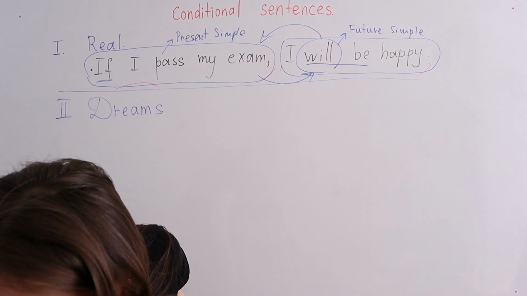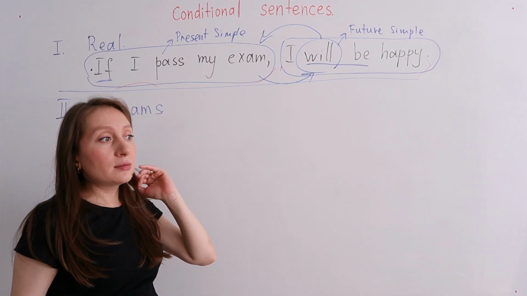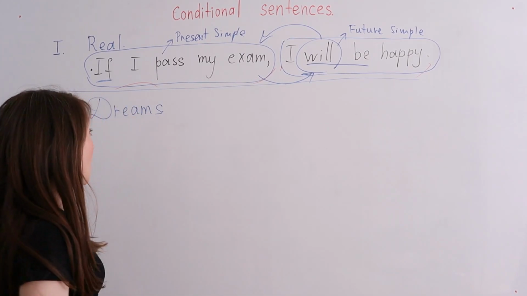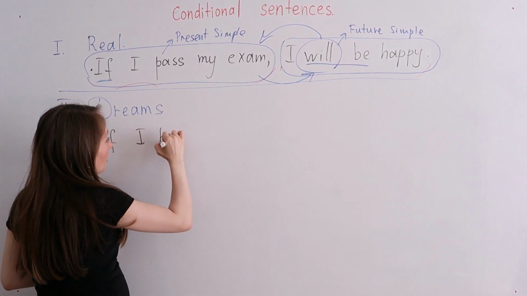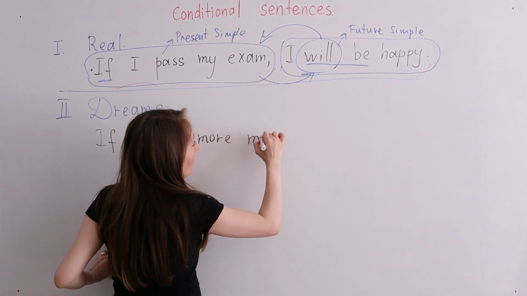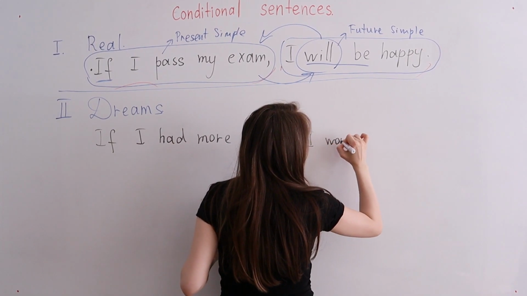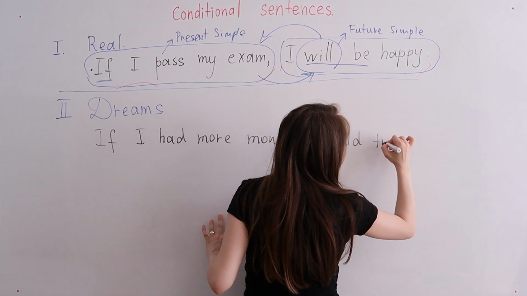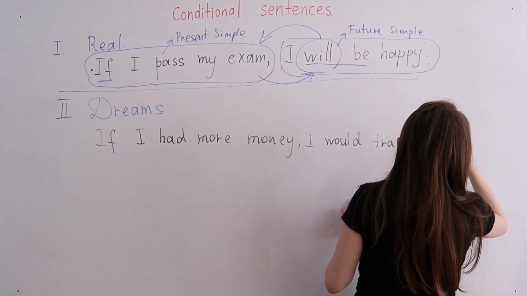For example, if I had more money, I would travel the world. Let me write it first. If I had more money, I would travel the world.